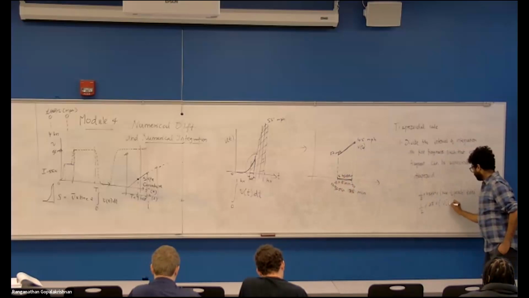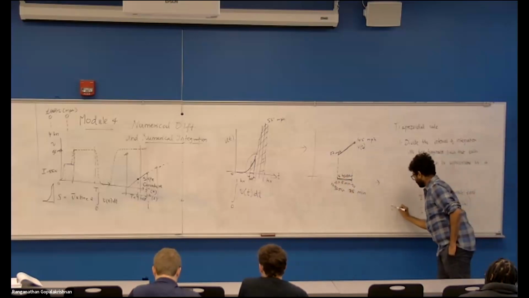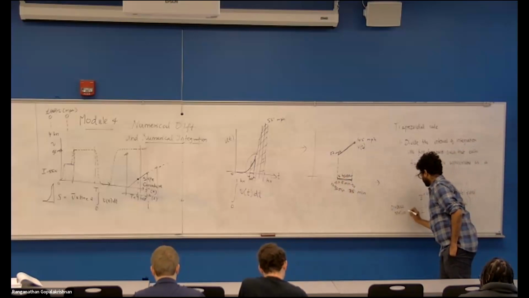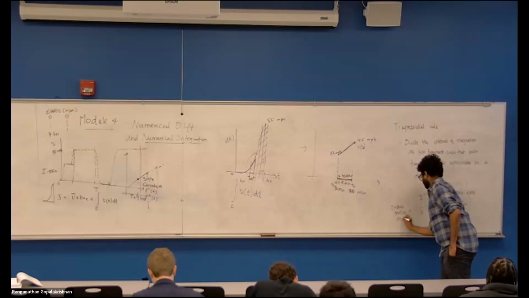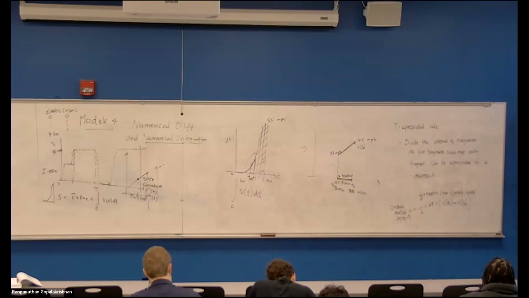So this is v of t1 plus v of t2. This would be the distance traveled in the interval t2 minus t1. I'll give you time to write this.